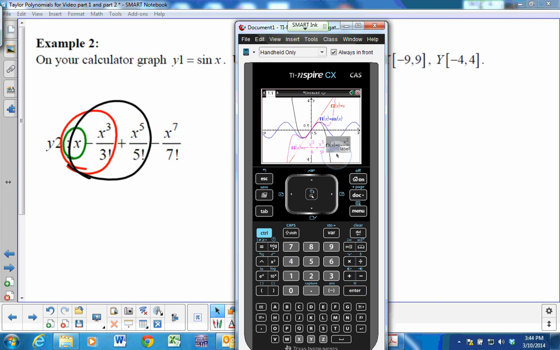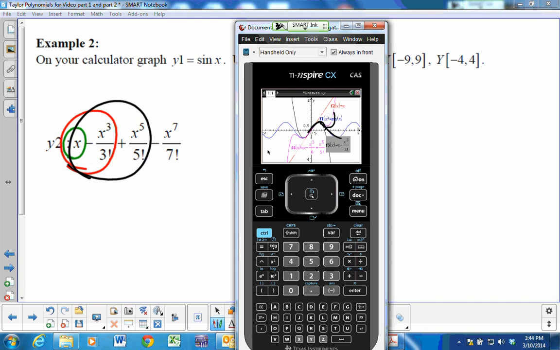Now notice that the more and more we go, and you can go ahead and do it one more time, you can see that the blue one at least follows it a little bit longer, and then it comes off here and doesn't really meet it, and then the purple one goes further around, staying the same until it starts to go off.